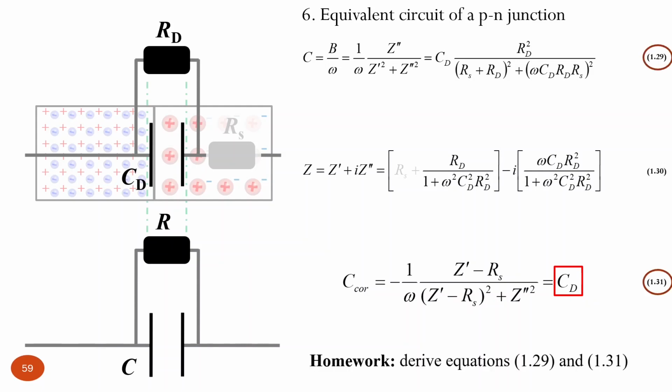By the way, you can actually practice some calculations. For instance, in this final equation, you can substitute instead of Z prime this, and instead of Z double prime these equations. Eventually you can show that we will get the diffusion capacitance, not some diffusion capacitance multiplied by some weird function.